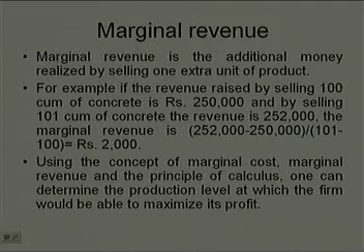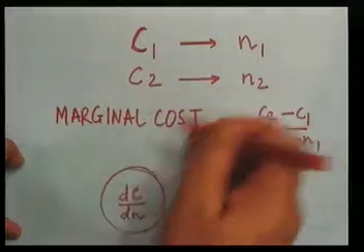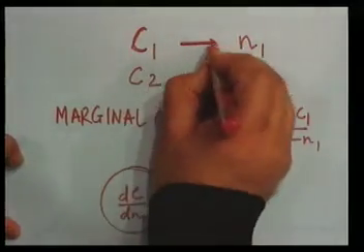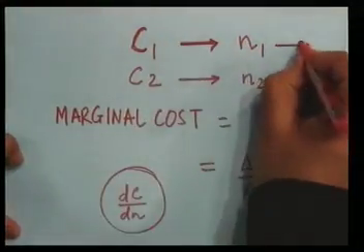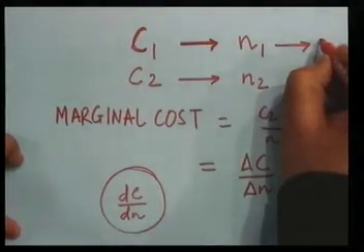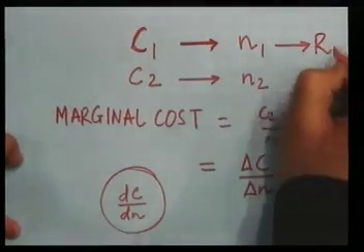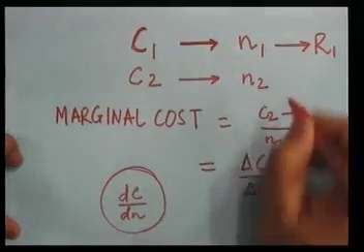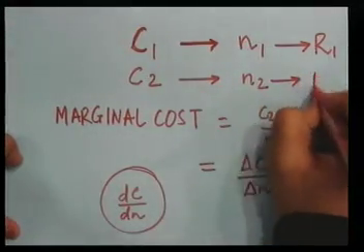Now, for N1 production level, let us say your revenue is R1, and for N2 production your revenue is R2.